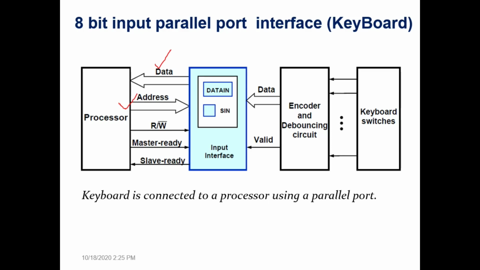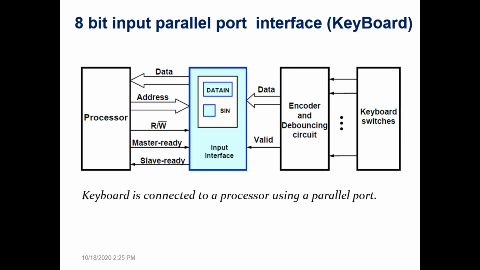When the processor wants to communicate with the keyboard, it places the address of the keyboard on the address lines of the bus, and gives a read signal, because the processor wants to read the keyboard, an input device. The processor uses the master ready signal. It makes the master ready signal high once it places the address and read signal, to indicate to all the devices that there is an address and read signal.